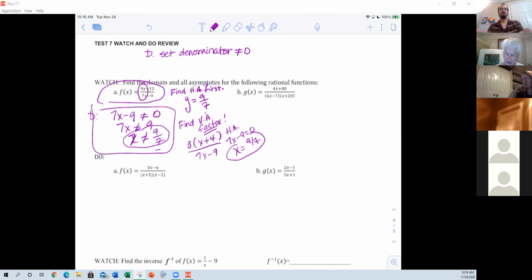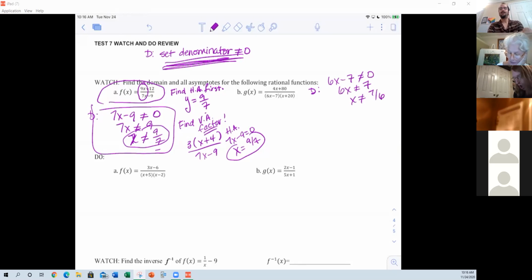Now on g of x, we can find the domain first. To find the domain, always just set the denominator equal to 0 before you do anything else. It doesn't matter if it's a hole or an asymptote. The domain is going to be determined by the denominator. So 6x minus 7 cannot equal 0, so 6x cannot equal 7 and x cannot equal 7 over 6.